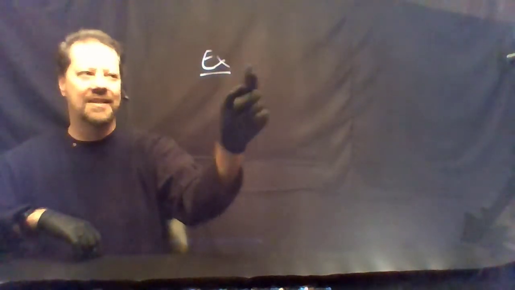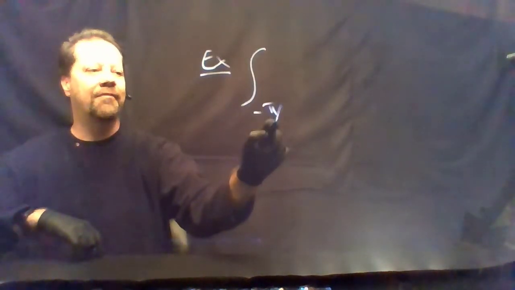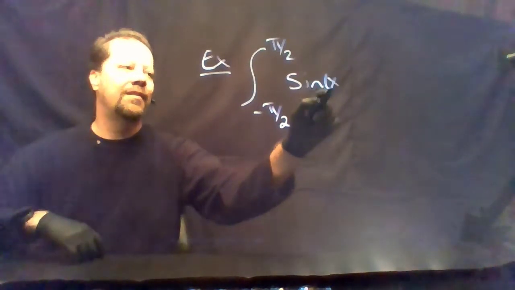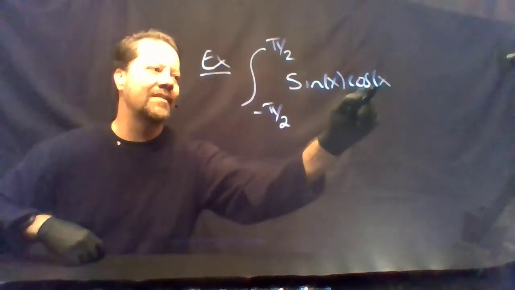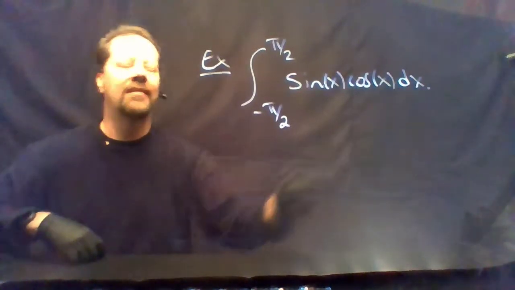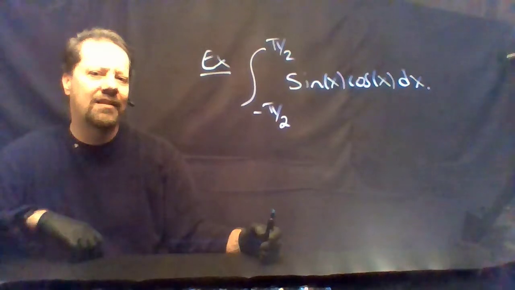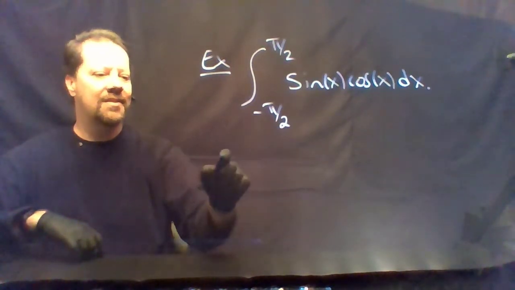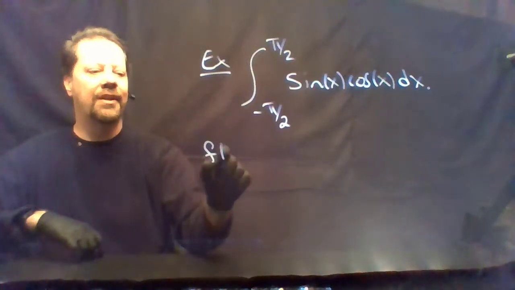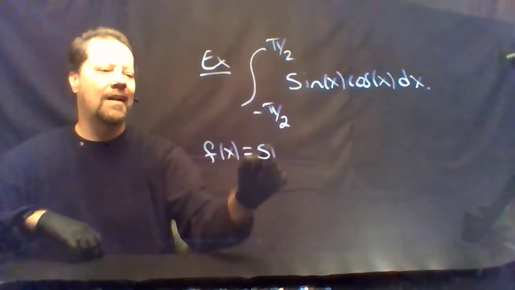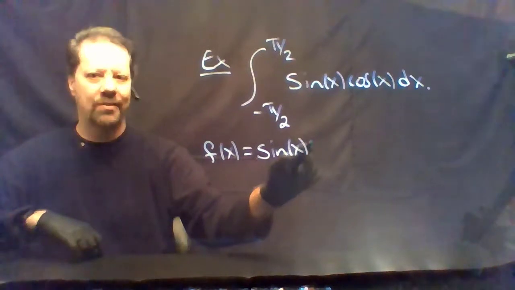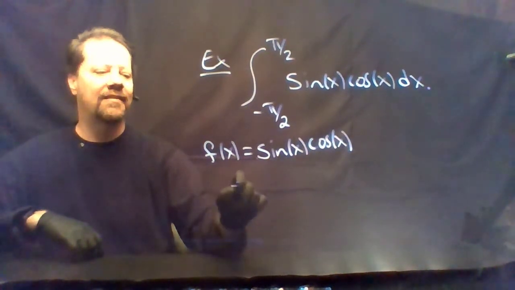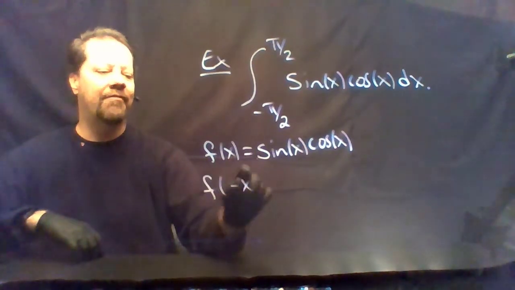Let me give you another example. Suppose I'm integrating from negative pi over 2 to pi over 2 of sine of x times cosine of x. Is the integrand even, odd, or neither? It turns out that if my function is the product sine of x, which is odd, and cosine of x, which is even, then what happens with f of minus x?